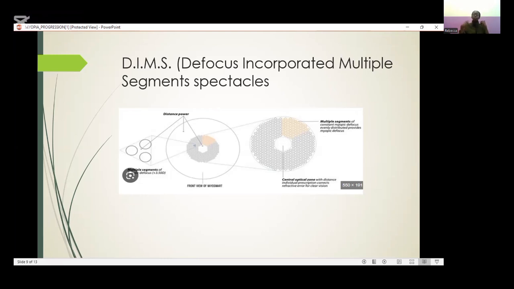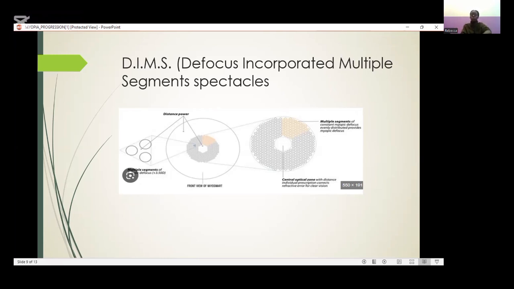If you remember what myopic defocus was, myopic defocus helps us neutralize hyperopic defocus. So in the middle, we are going to have the actual distance vision, and then on the sides, we are going to have the myopic defocus, small lenses incorporated to cater for the defocus as it is curved in the periphery.